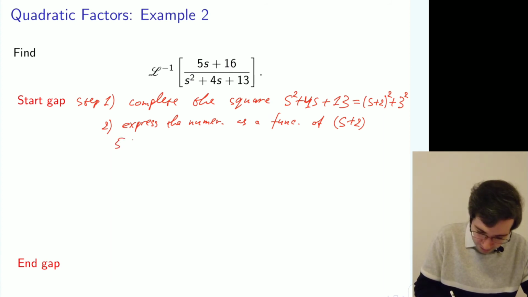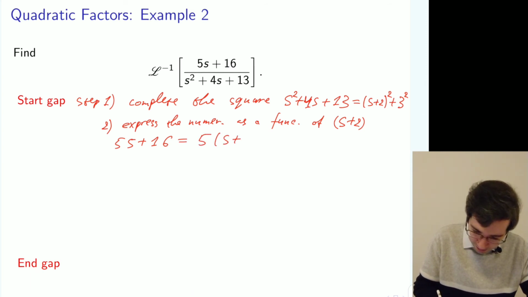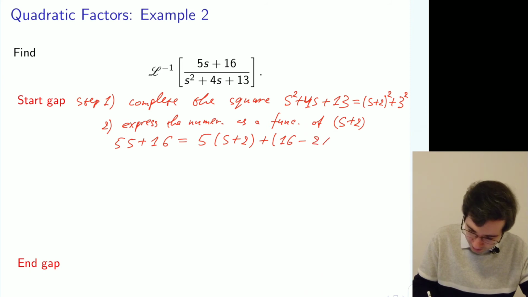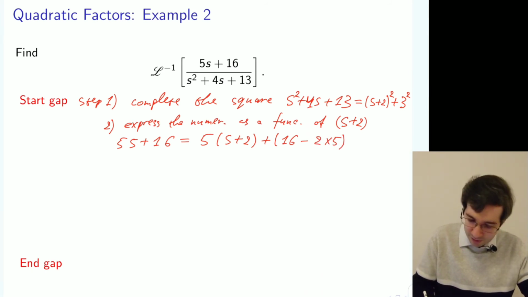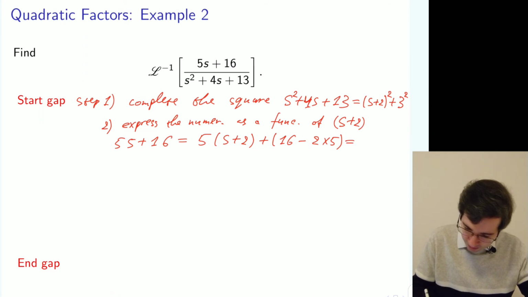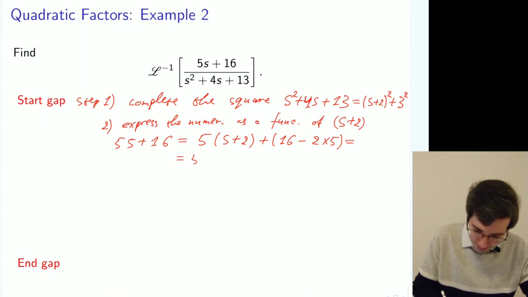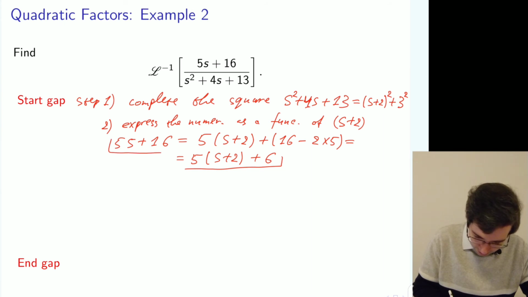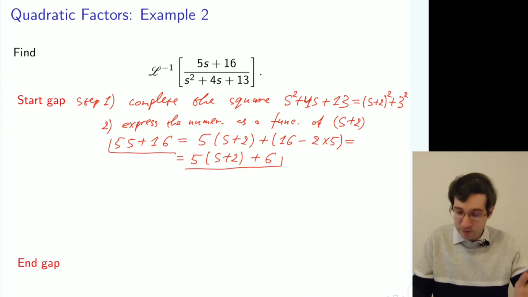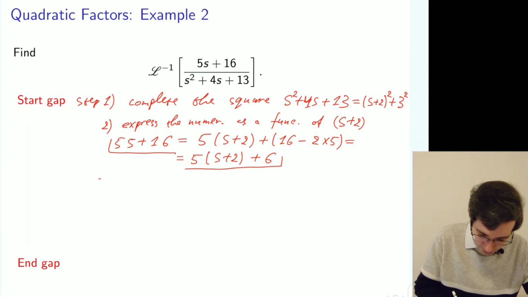So we write 5s plus 16 equals 5 times s plus 2 plus 16 minus 2 times 5 to keep it equal, which is 5 times s plus 2 plus 6. So that is the expression for the numerator, and then we put it all together and use linearity.